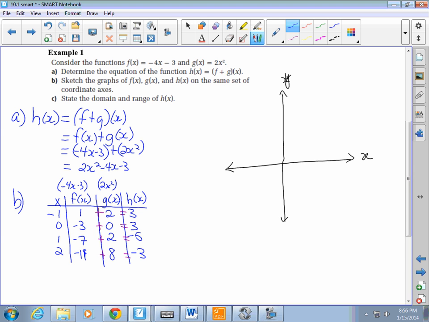I have to go all the way to -11. Well, this will be a little tight, but close enough. Okay, so -1, 1 puts me here. 0 and -3. 1 and -7.